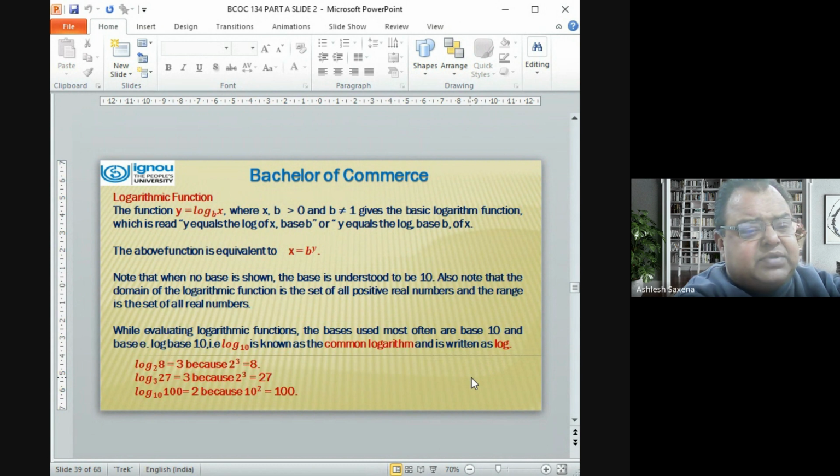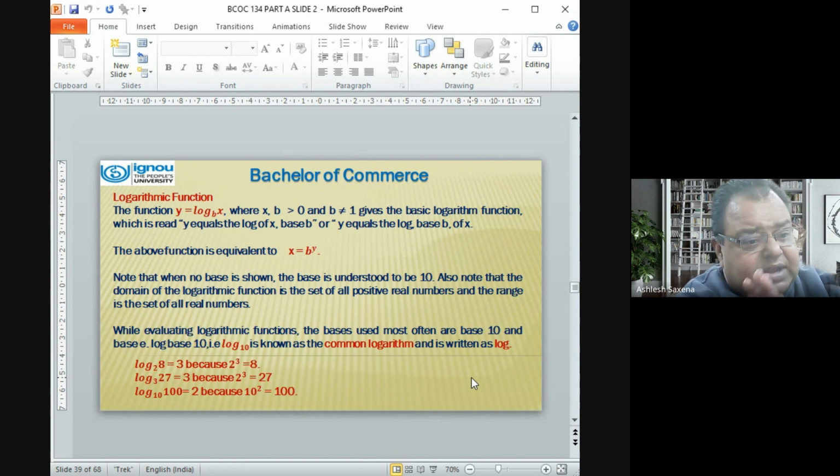The above function can be written as x is equal to b raised to the power y. Note that when no base is shown, the base is understood to be 10.